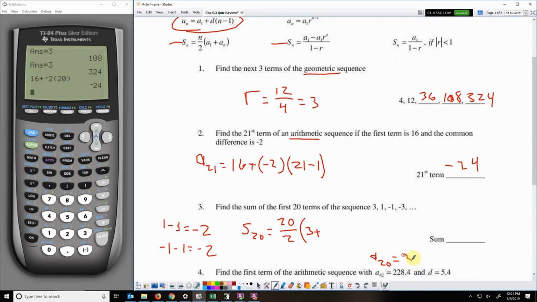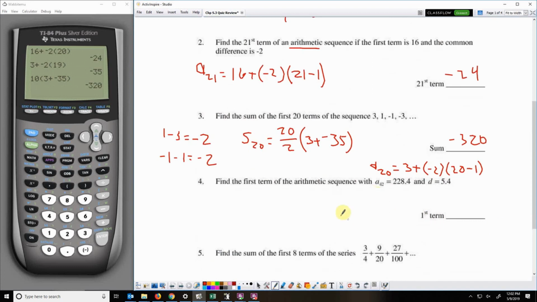So that's term 1 plus the common difference times n minus 1. 3 plus negative 2 times 19. And that's negative 35, so I'm putting negative 35 right here as my last term. So 20 over 2, that's 10, times 3 plus negative 35, and that is a total sum of negative 320.